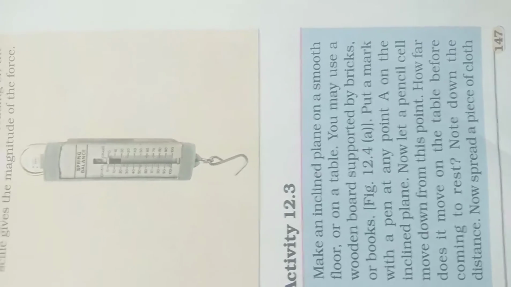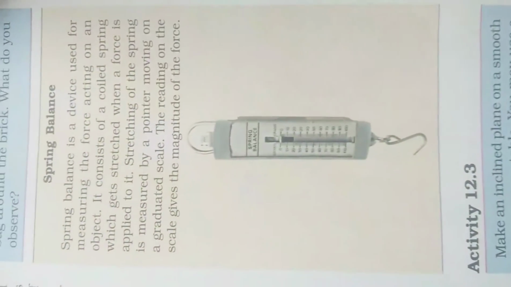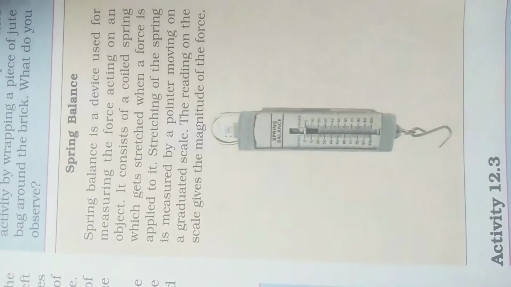Now spread a piece of cloth. Now see, you have to take one pencil shell and a smooth surface, that is the table, and on that table you have to move the pencil shell on that plane surface. So in this figure it is shown here. Over the table, make sure that there are no wrinkles in the cloth.